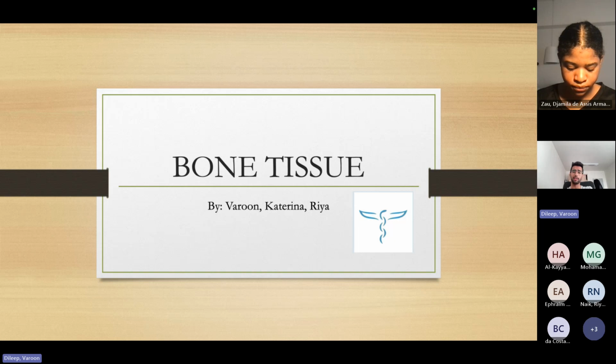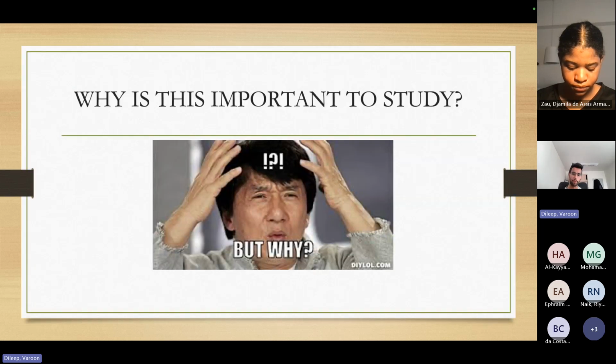All right. So first of all, why is this topic important to study? The obvious reason would be you guys want to pass your histology micro test. But other than that, in terms of histo, as you know, bone tissue has different types of cells. This includes osteoblast, osteoclast, and osteocytes. It's important to know their role and function, which helps students grasp their roles in bone formation, maintenance, and reabsorption.